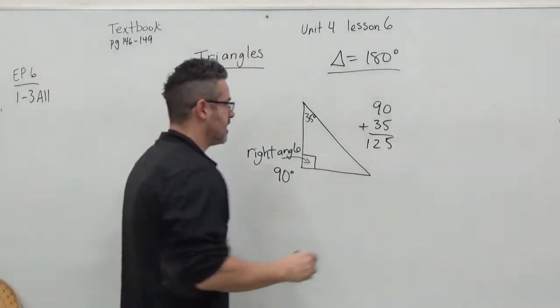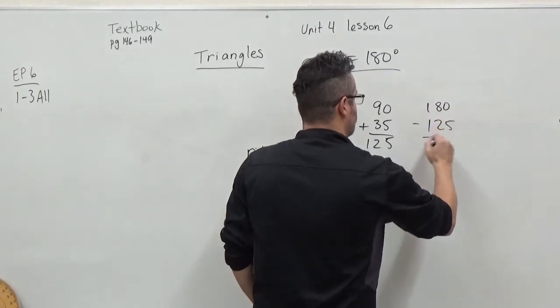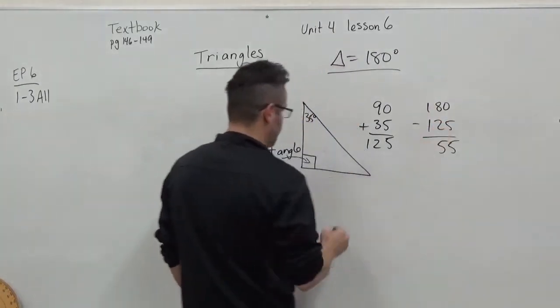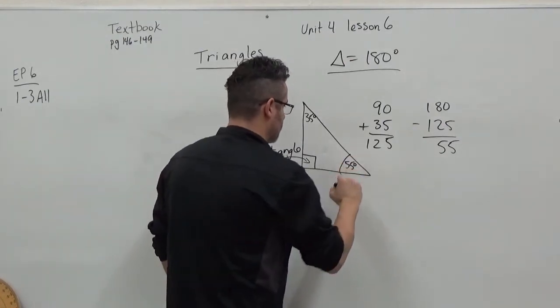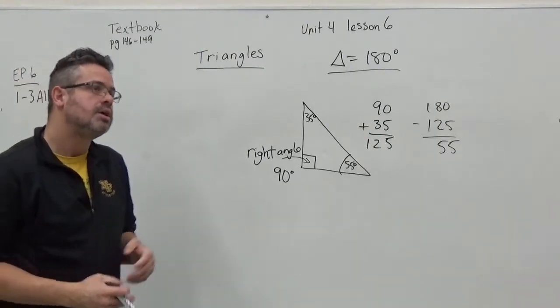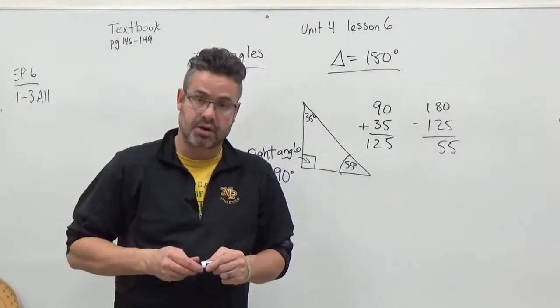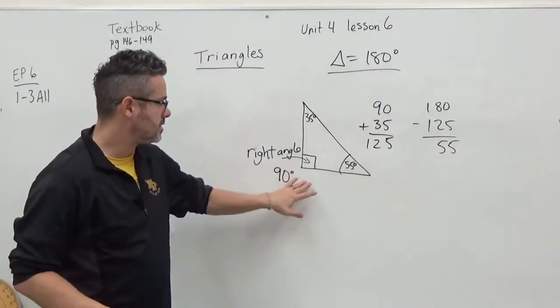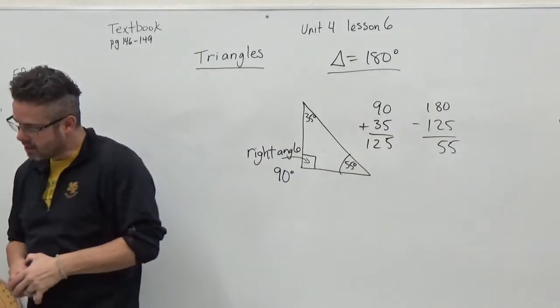I think this is the same answer as our last one. 180 minus 125 leaves us with a 55 degree angle here. Okay? Perfect. We found the missing angle. So finding the missing angle when you're given two of the angles is pretty simple. Add up what you have and subtract that answer from 180 degrees.